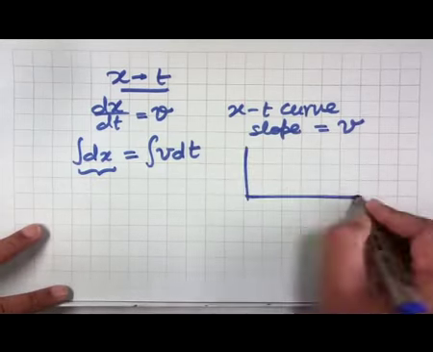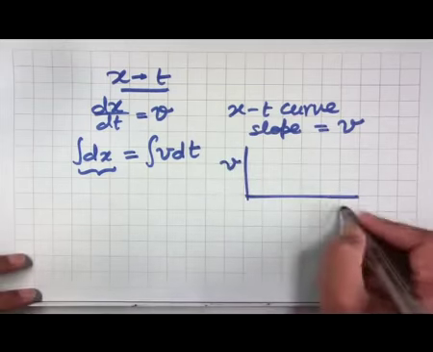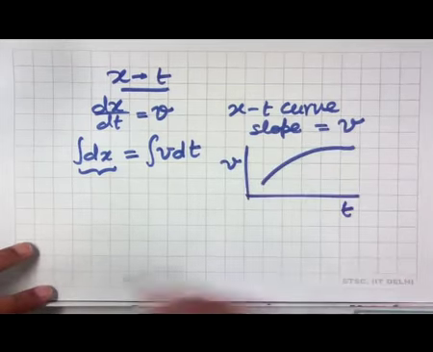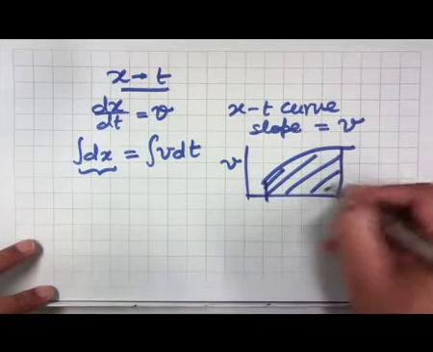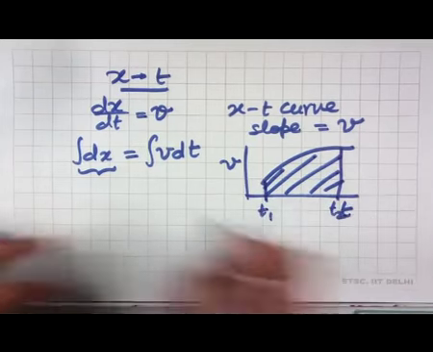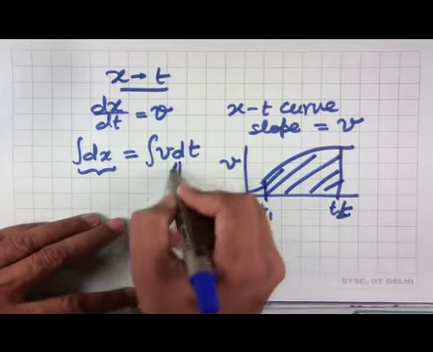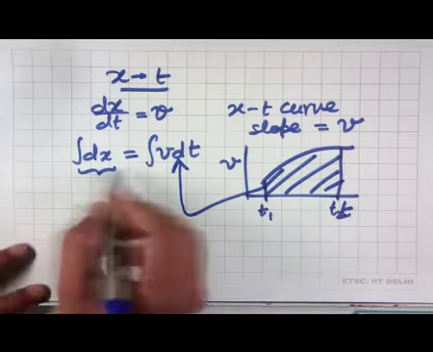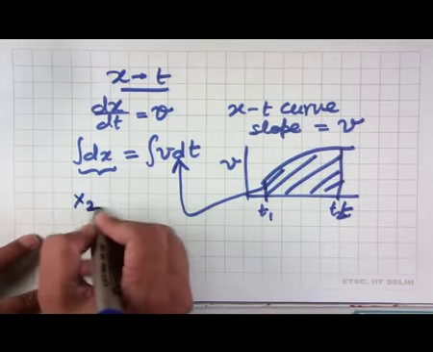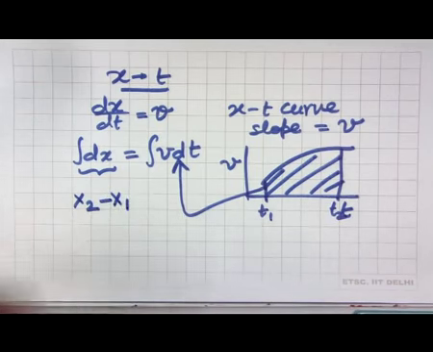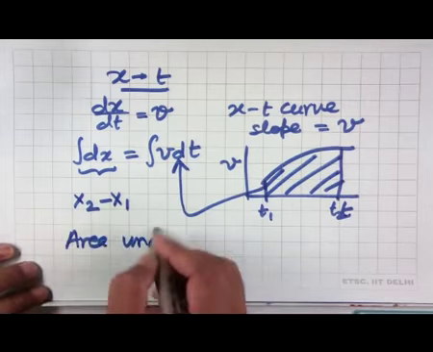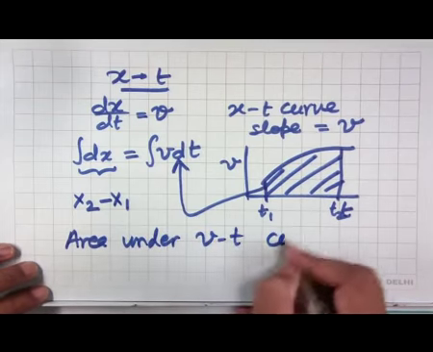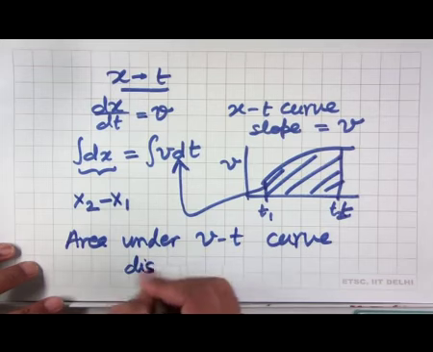So, if I have a v versus t curve, the area under this vt curve from t1 to t2 is represented by this integral, and integral dx will give me x2 minus x1. So, therefore, the area under the vt curve represents displacement.